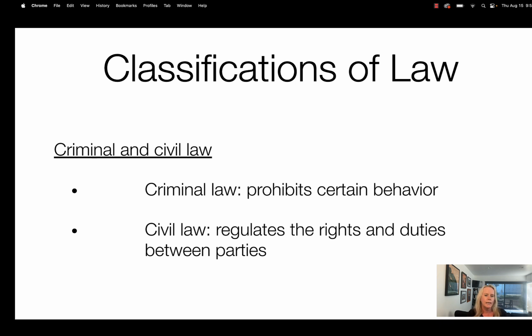Criminal law is law that governs behavior that is so egregious that society has really said we can't tolerate this. Criminal law is an area of law on its own. Again, this is an overview lecture, and I will get into the nuances and the facets of criminal law in its own lecture.